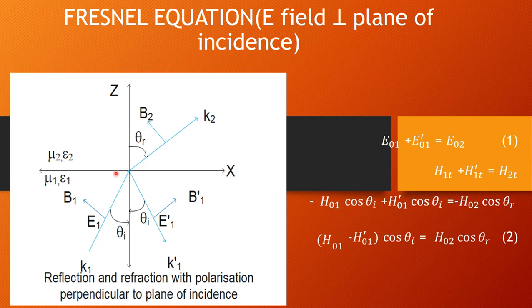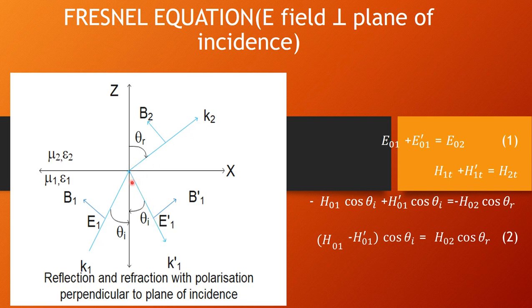Now an electromagnetic wave with vector k1 is incident along this direction at this point, making angle theta I with this normal, and is partly reflected and partly transmitted.